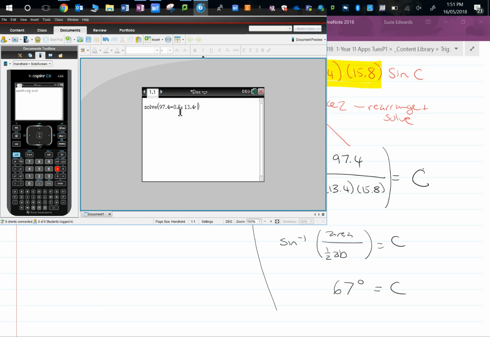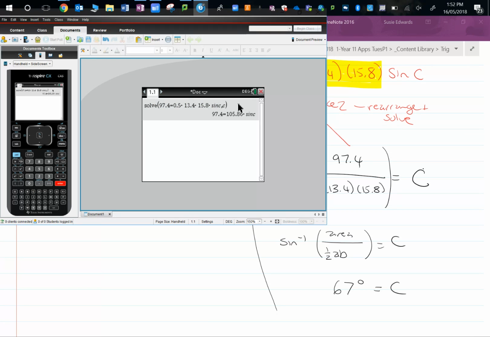Yep, times 15.8 times sine C, and I'm looking for C. So that's what we've been putting in before. Everyone agree? Okay, I'm just going to copy it and see what happens.